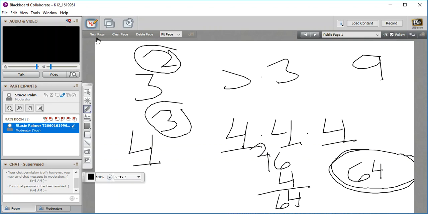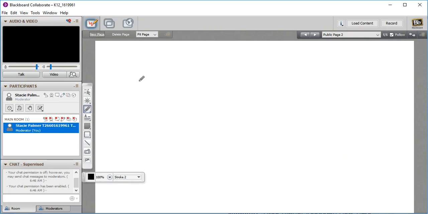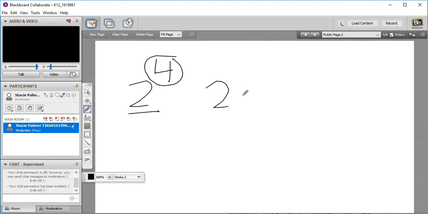So let's look at another one. I'm going to do a smaller number here. Let's say I have 2 to the 4th power. This is not 8. Do not multiply the base with the exponent. Instead, this is 2 multiplied by itself 4 times: 1, 2, 3, 4.